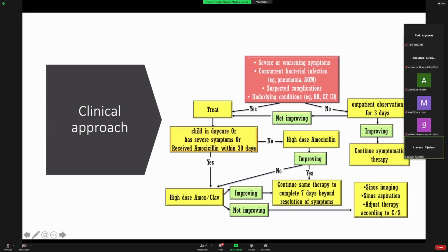But if we are afraid of resistance, if the patient has Haemophilus influenzae or received amoxicillin in the last month, we will go with amoxicillin-clavulanic acid. If the patient is improving, we continue therapy for 7 days. If the patient does not improve, that's when we go to sinus imaging or sinus aspiration.